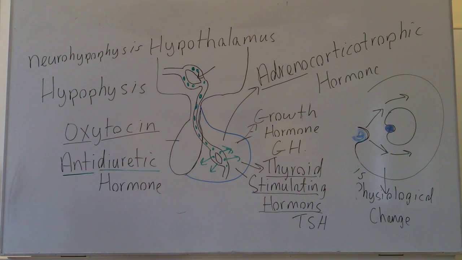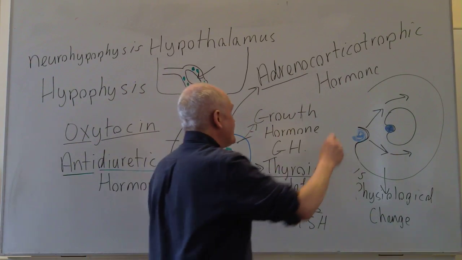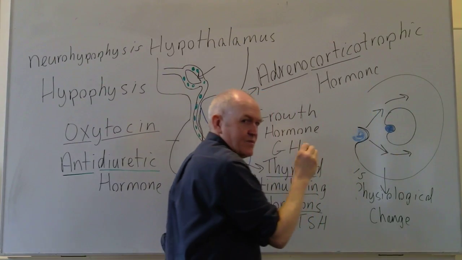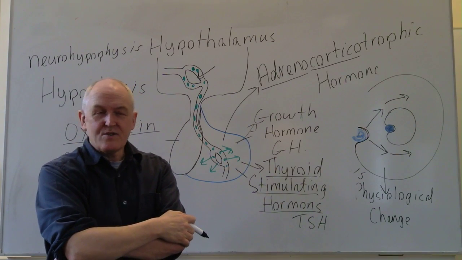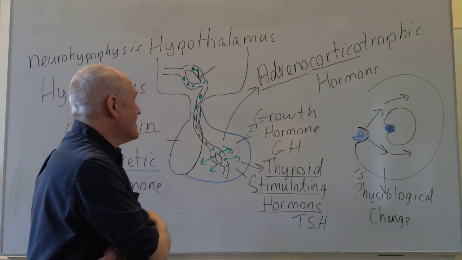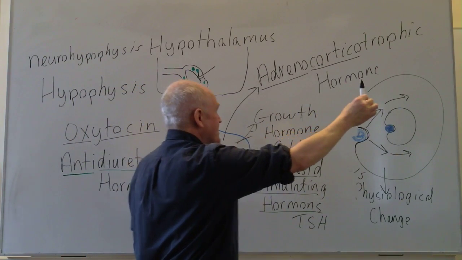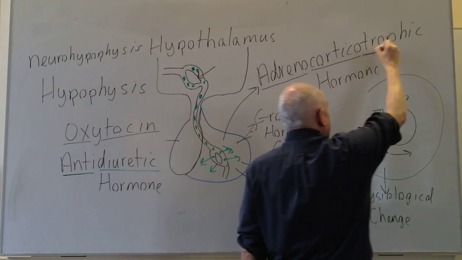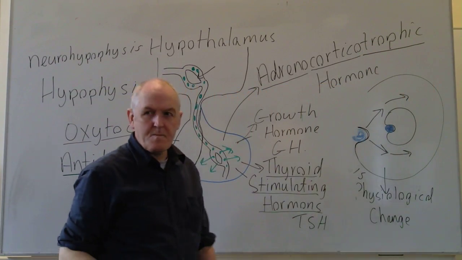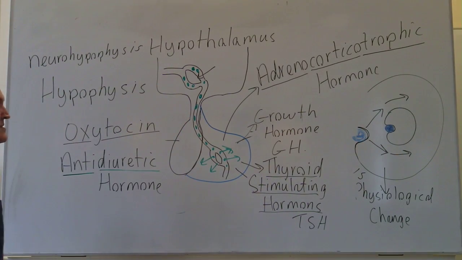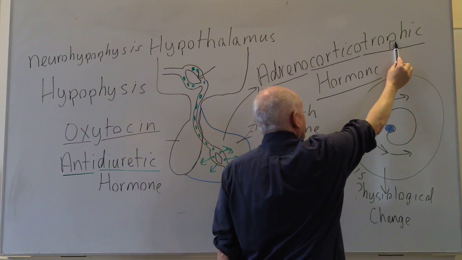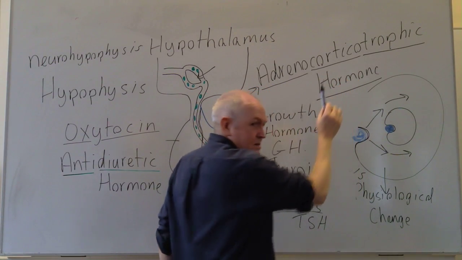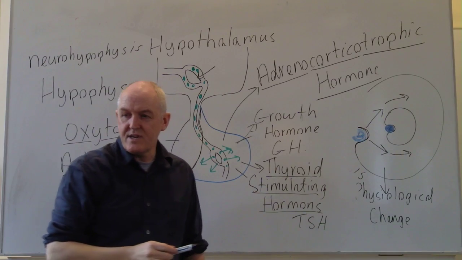Yes, adrenaline is produced in the adrenal glands, but not in this part. This is the adrenocortico, and you might remember that the outside part of an organ is the cortex. So we know it's affecting the adrenal gland, we know it's affecting the cortex, and trophic means to bring about a change or to stimulate. It's a chemical messenger stimulating the adrenal cortex. It's adrenocorticotrophic hormone.